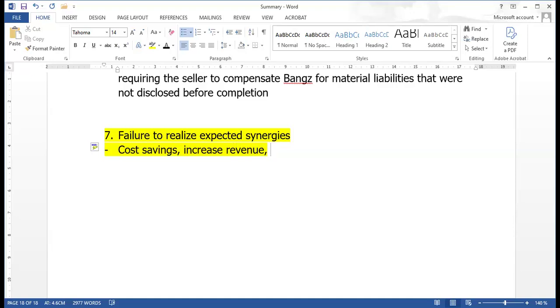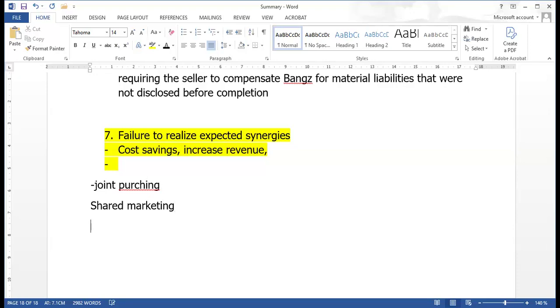So you may find that you expected to reduce costs through joint purchasing. You thought that if I acquire, you will be in a position to have those bargaining powers. You expected joint purchase bargaining power, shared marketing, centralized administration.